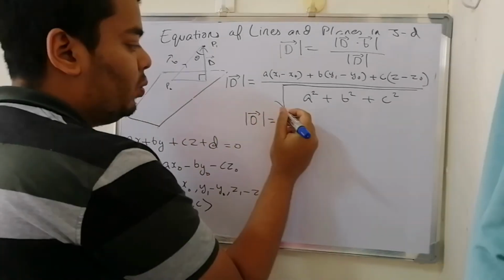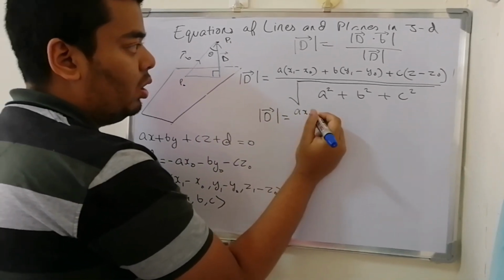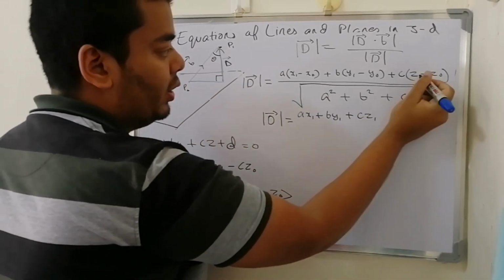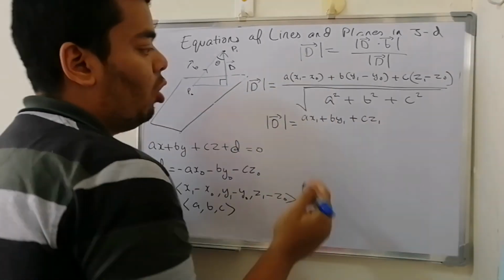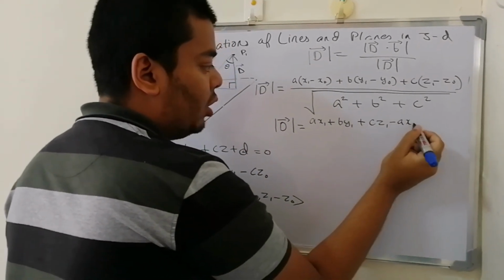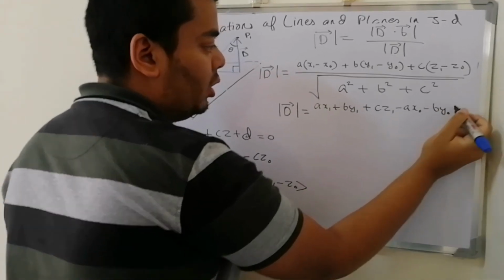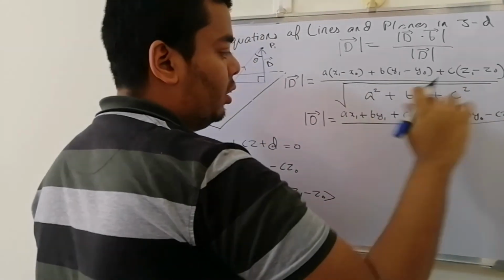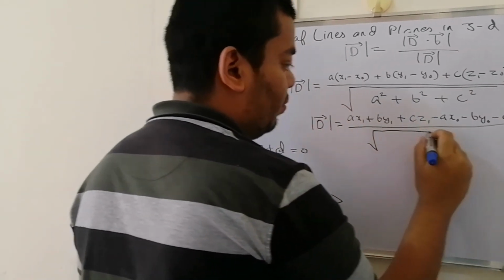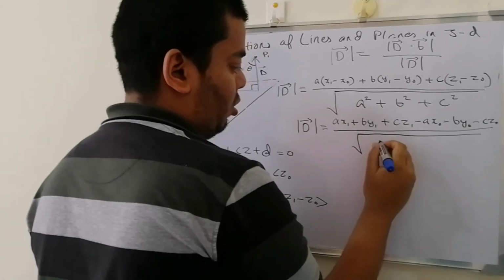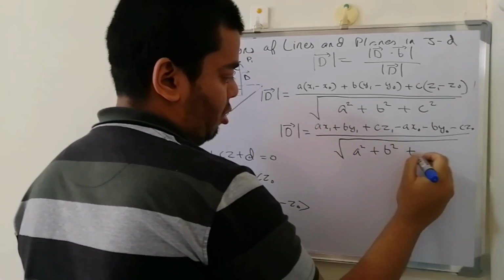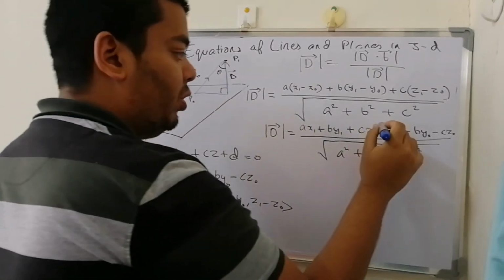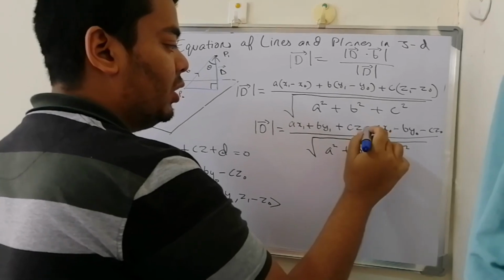When we expand the numerator, we come up with AX1 plus BY1 plus CZ1, minus all the negative terms, AX0 minus BY0 minus CZ0, over the denominator, which we already have. Sorry, this is not positive, this is negative.